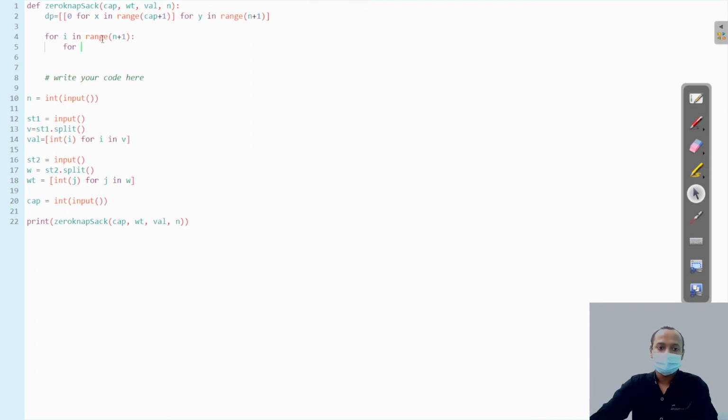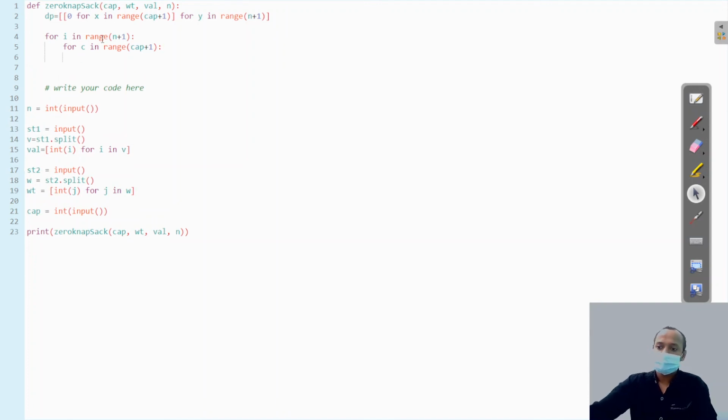Now for j in range, this is our capacity. So let's suppose I'm writing c. c denotes capacity, and i denotes item.